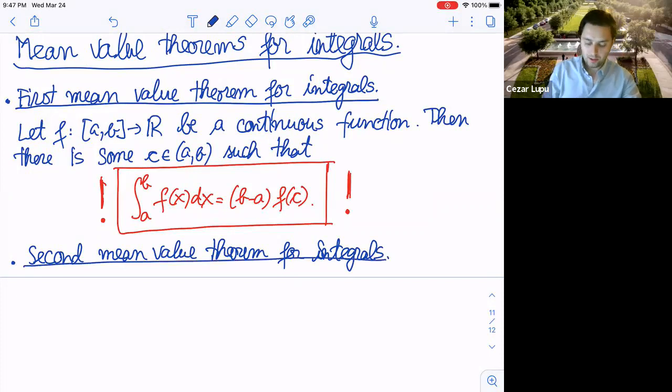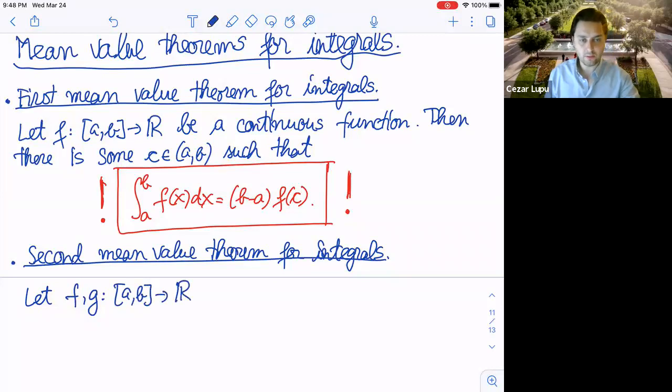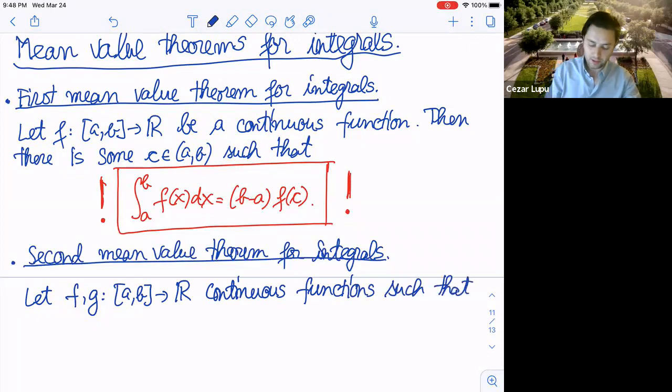Let f and g be two real valued continuous functions defined on the interval [a, b], such that g has a constant sign on the interval, so g(x) is different than 0 for all x in [a, b].